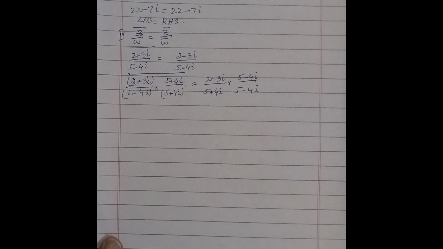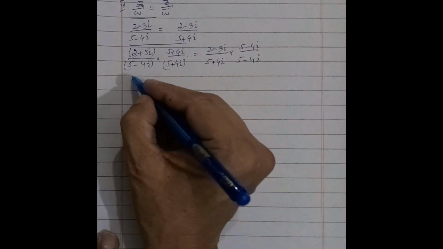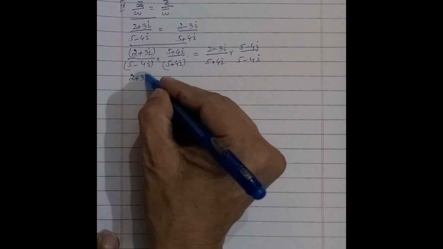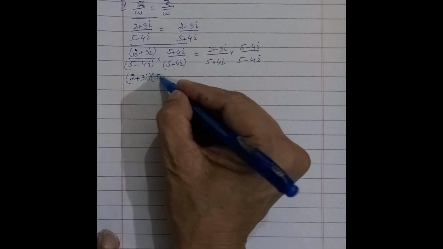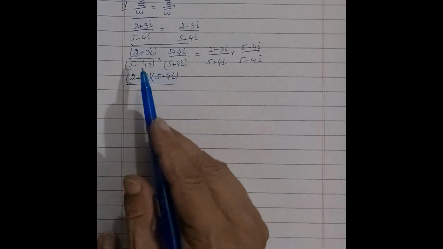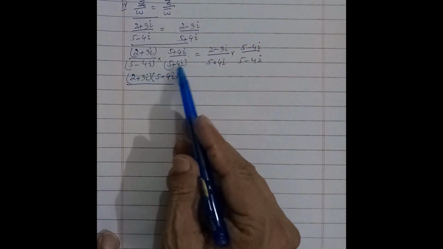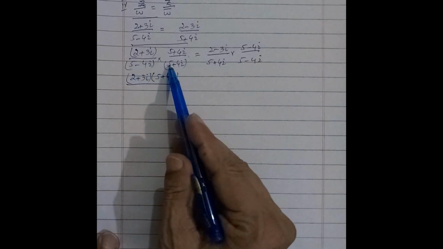Now we simplify these values. 2 plus 3 iota into 5 plus 4 iota over, in the denominator, 5 minus 4 iota and 5 plus 4 iota. So this is a minus b into a plus b.